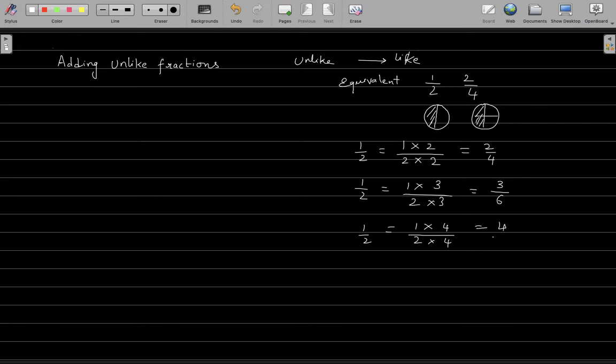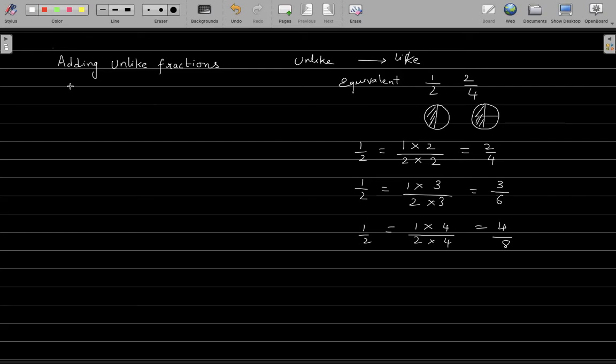This will give me 4 by 8, which is an equivalent fraction of 1 by 2. So to get equivalent fractions, what we are doing is multiplying both the numerator and denominator by the same number. That will give us an equivalent fraction of our fraction.